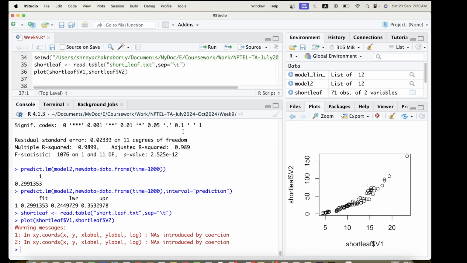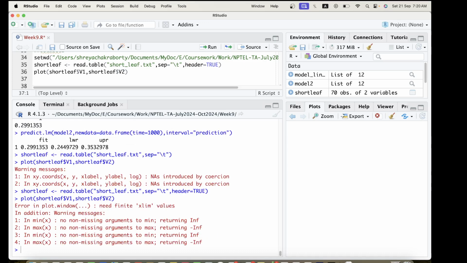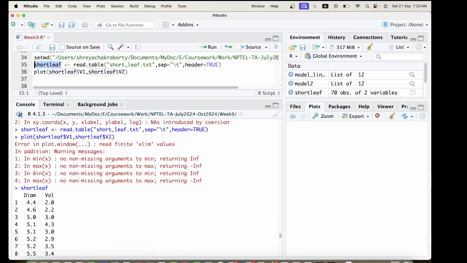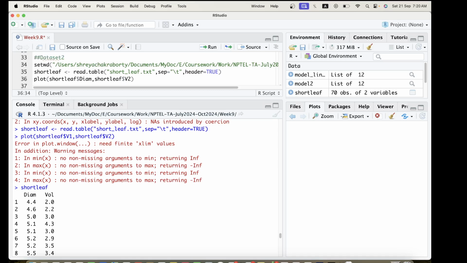So v1 and v2, I'm going to give a header equal to true. Okay, so this would be diam, and this is, let's say, vol.